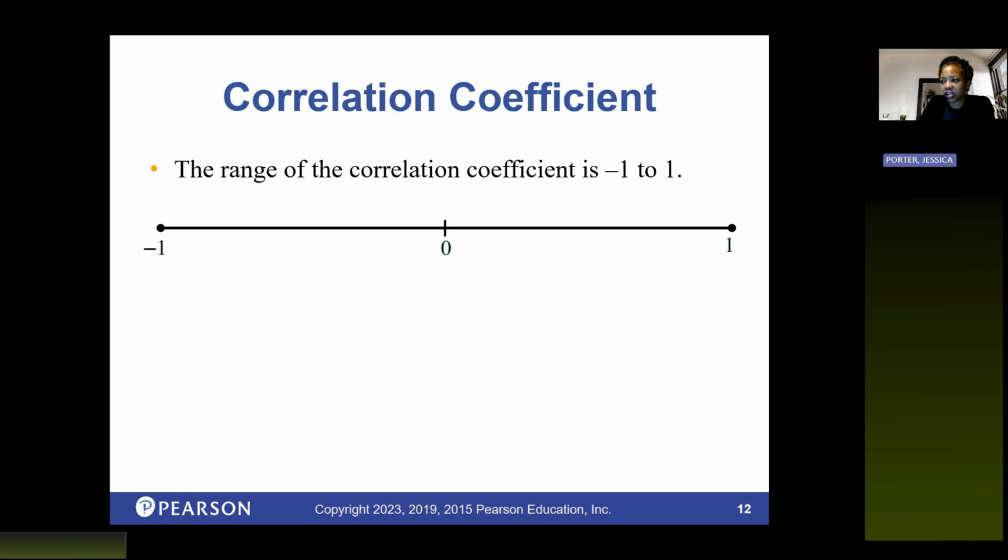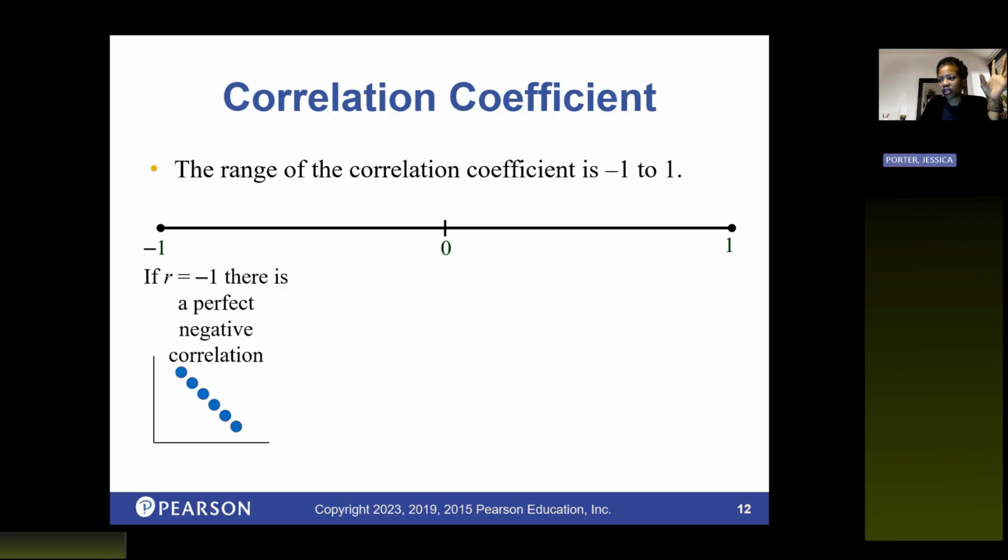The range of the correlation coefficient is from -1 to 1. Negative correlations go from -1 to about 0. 0 means we have no correlation at all. -1 means I have a perfect negative correlation. It's a perfect line. So if R is equal to -1, there's a perfect negative correlation.